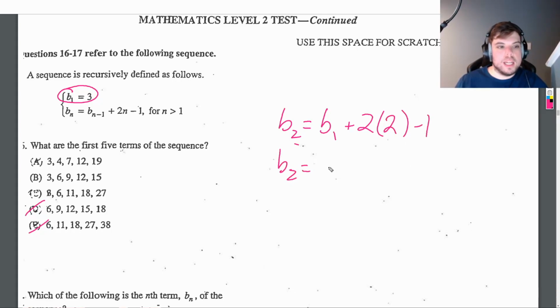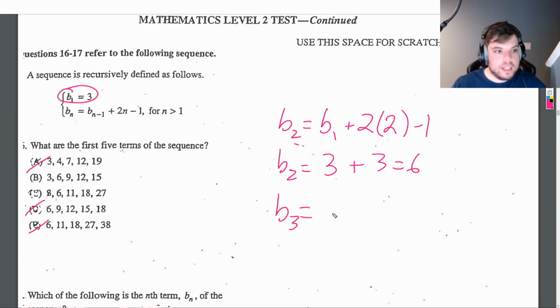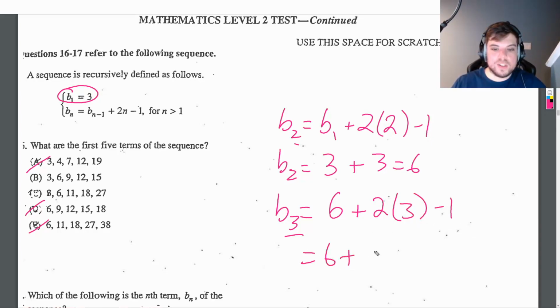So B2 is 3 plus 4 minus 1, which is 6, which means it can't be answer choice A. Now B3 is B2, which is 6, plus twice 3 minus 1, which is 6 plus 5, which is 11, which means our answer is C.